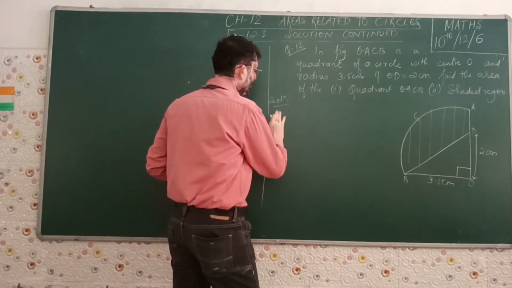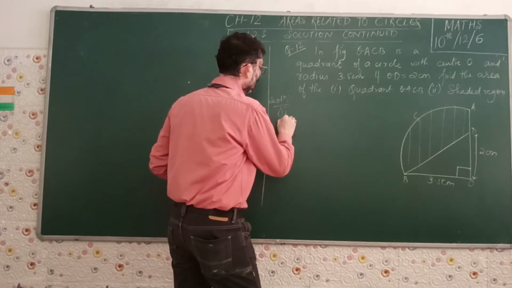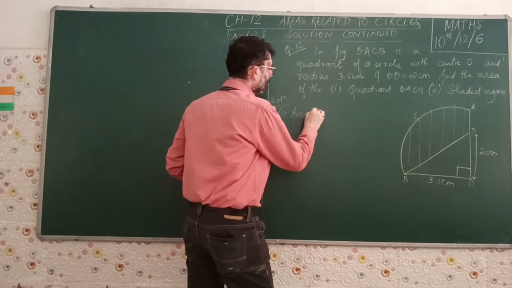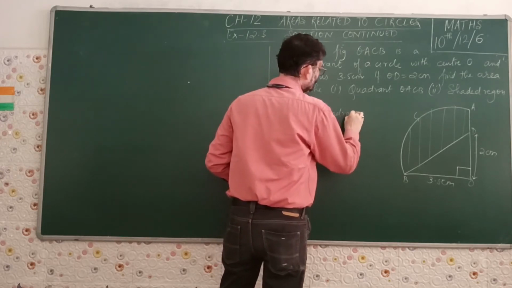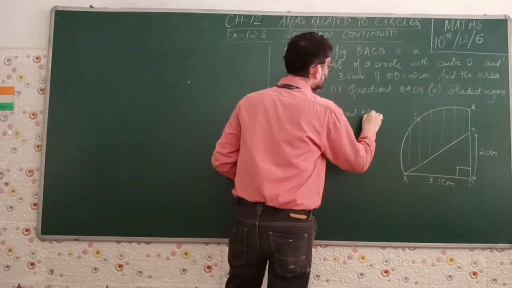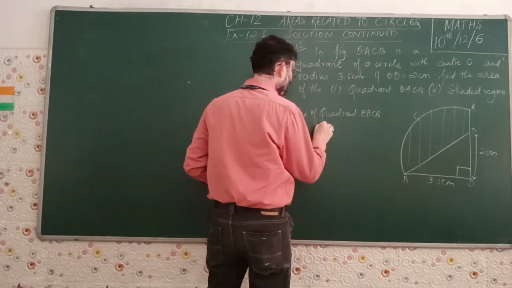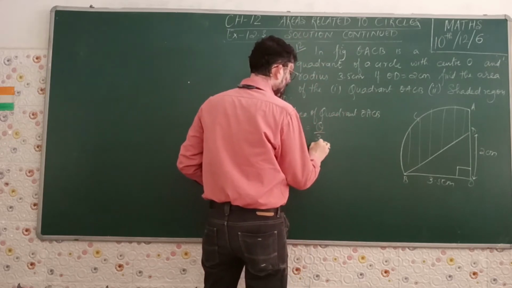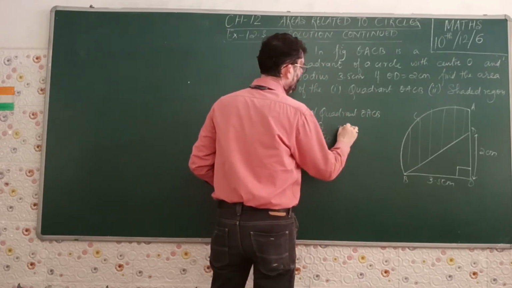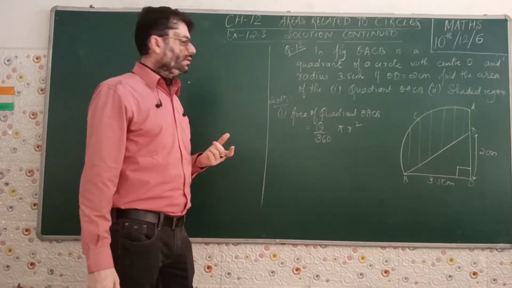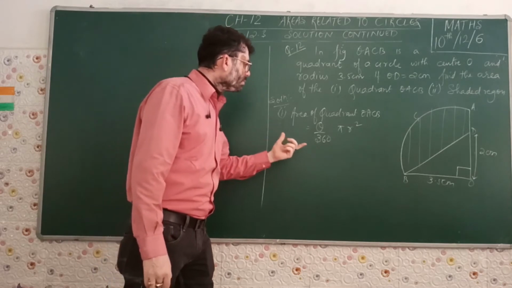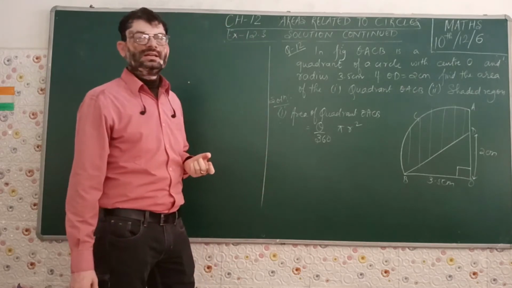So this is part 1, the solution for part 1 we are doing. So area of quadrant OACB is given by theta by 360 into pi r square. This is the formula for finding the area of the sector here.